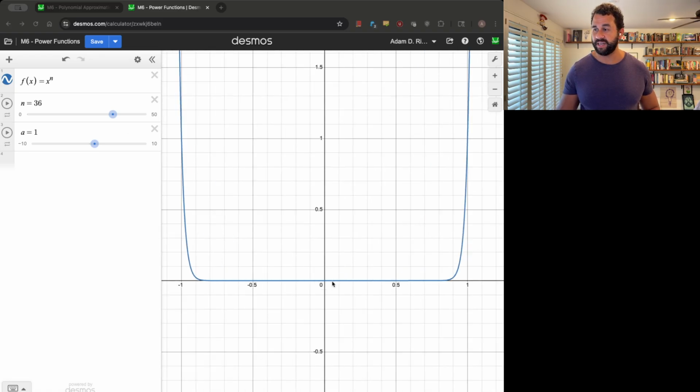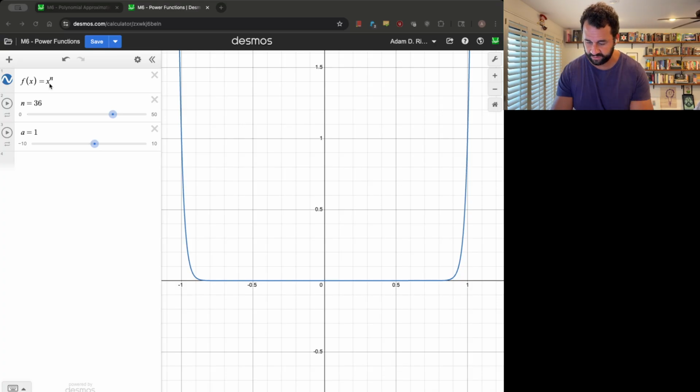Well, if the size of x is small, if it's like 1/2, 1/2 times 1/2 times 1/2 times 1/2 times 1/2 times 1/2, 36 times, you're going to get a very small number. That's why it's so low, right? It's not very large. But when x is bigger, like maybe x is 2, now you're doing 2 to the 36. That's 2 times 2 times 2 times 2 times 2 times 2 times 2. That's huge. That's a very, very big number.